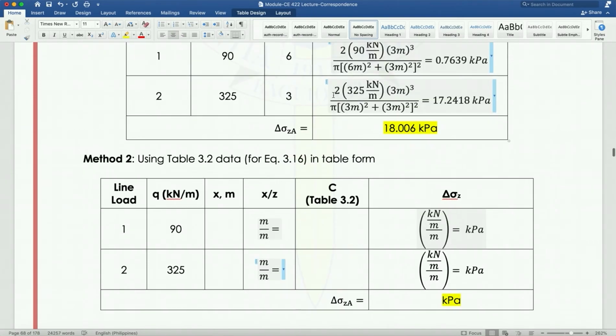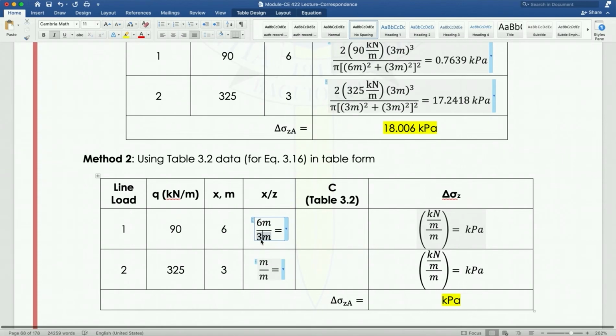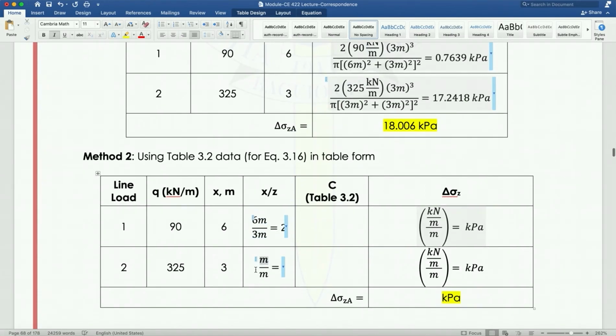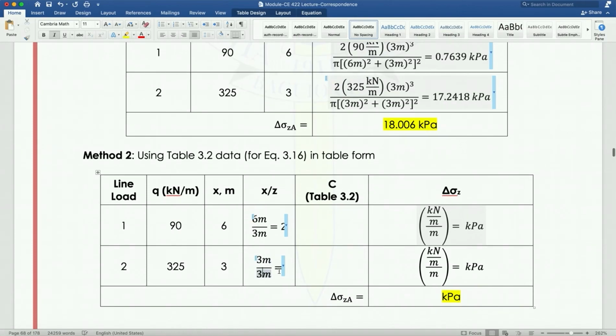So tama pa rin naman, 3 yung nandun. So we have here 6 and 3. So we have x, 6 divided by z. Ang z natin is 3. So this is equivalent to 2. Then next, we have 3 divided by 3 is equivalent to 1. Okay? So from there, x over z, we can now get the value of c.